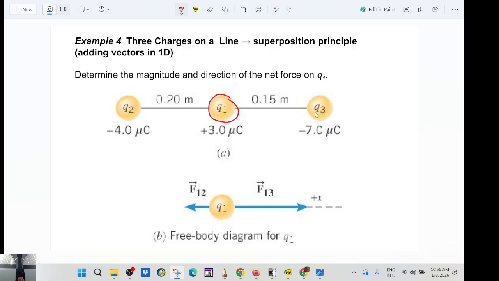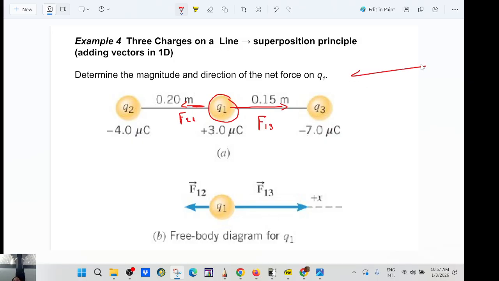So Q1 and Q3, do they attract or repel? So you're going to draw here the force between 1 and 3. And then Q2 and Q1, do they attract or repel? Attract also, but this 4 is smaller than 7. You're going to do something like this. So the net force will be to the right because you are adding vectors.